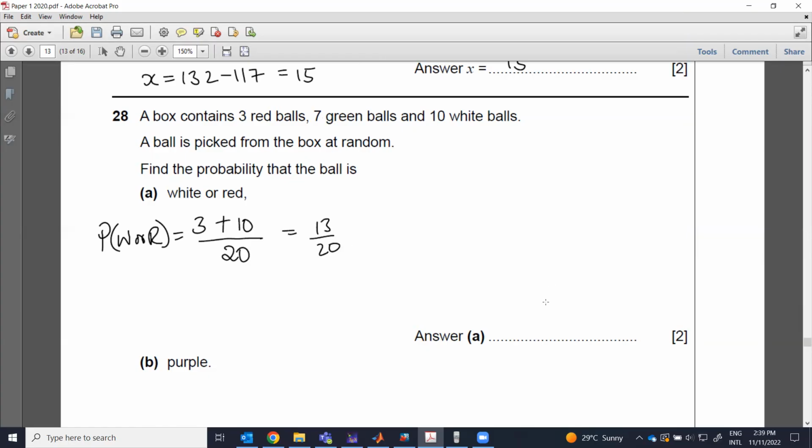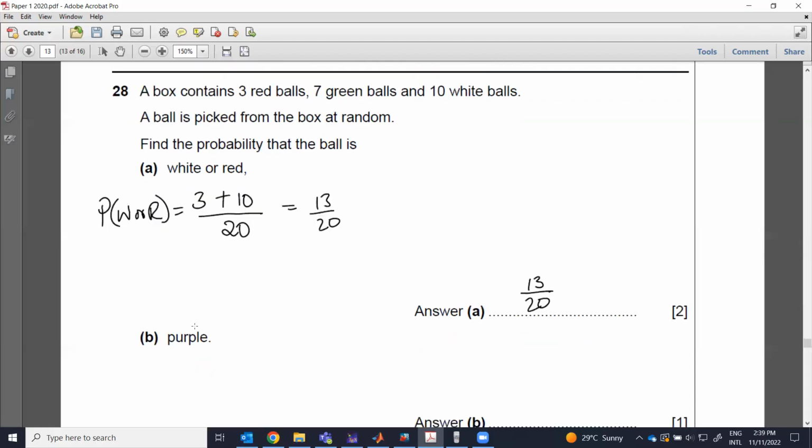So remember, probability must be between 0 and 1, and you can either write it as a fraction, a percentage, or a decimal. So here our probability is 13 over 20. And the probability of picking a purple ball. Here again, you just say, how many purple balls do I have? 0 out of 20, so the probability is 0.